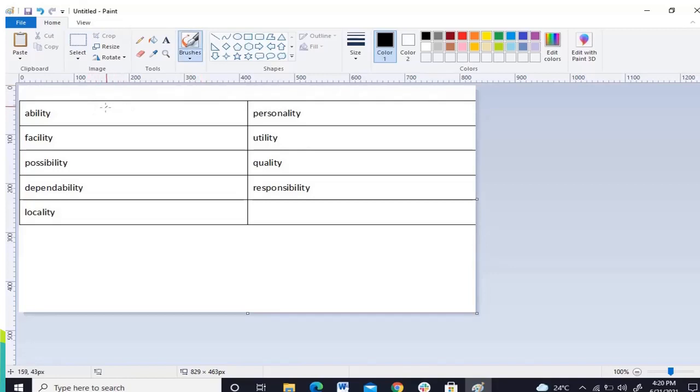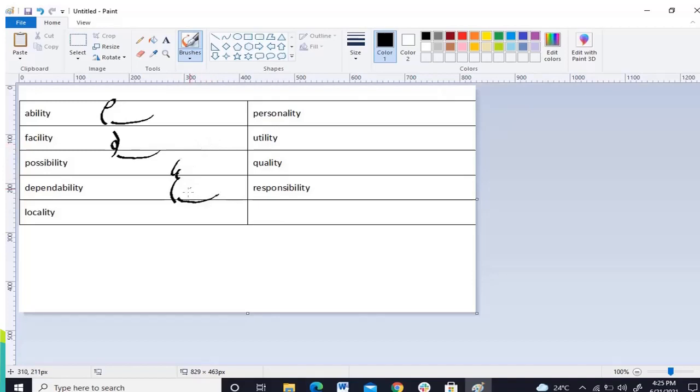So ability. Facility, we have "fa", "cility". And then possibility.